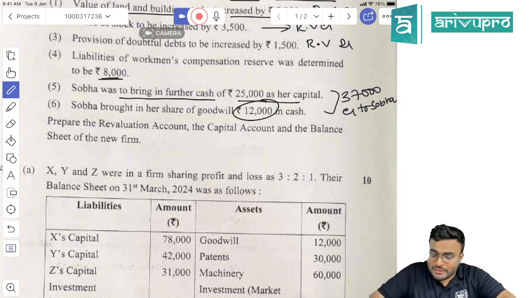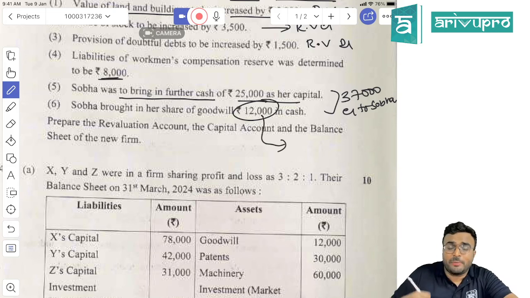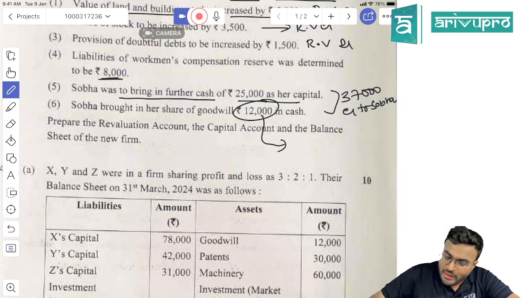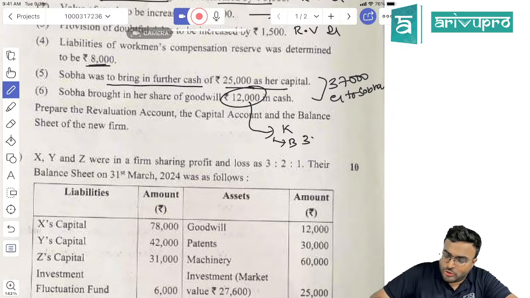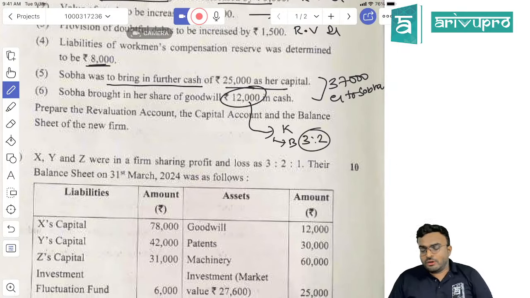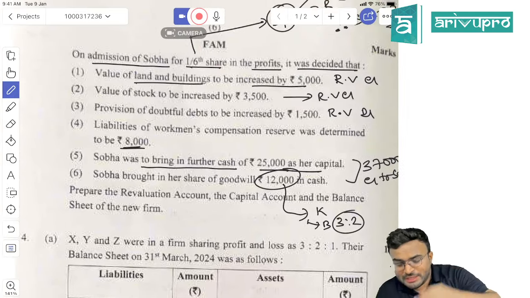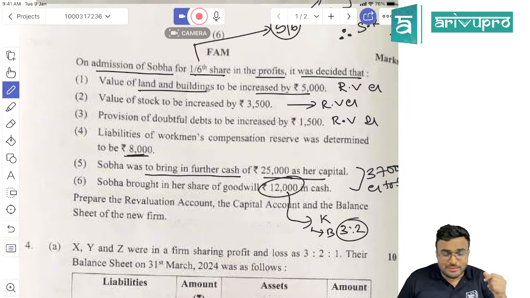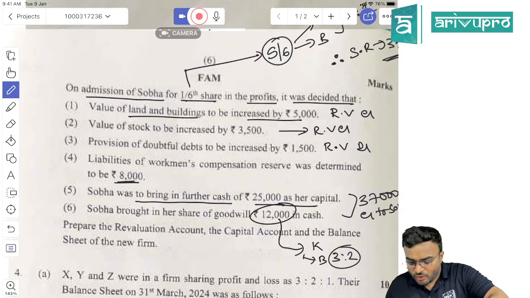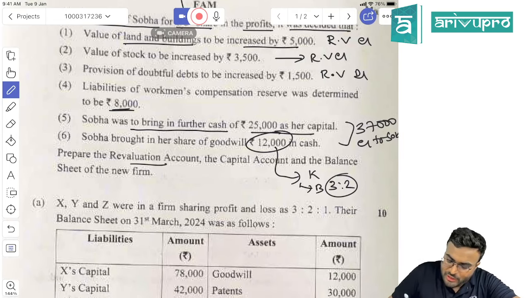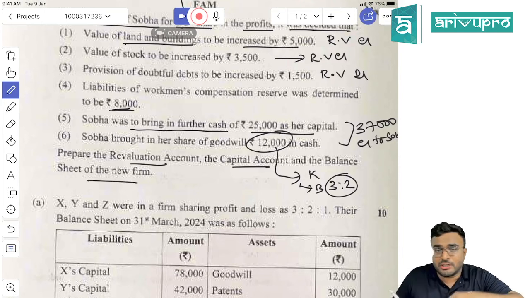This 12,000 goodwill, whatever she brought, will be distributed to Krish and Bala in the sacrificing ratio, which is basically 3:2. Simple admission question, easy. You should just take this 10 marks and put it into your pocket. Prepare revaluation account, capital account, and balance sheet of the new firm.